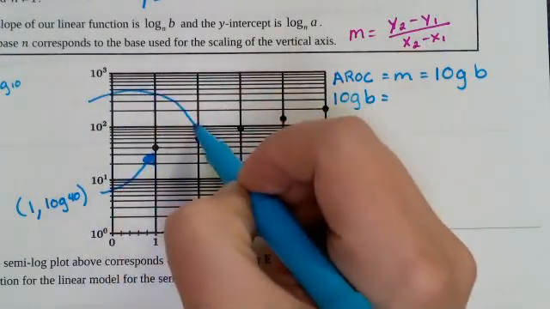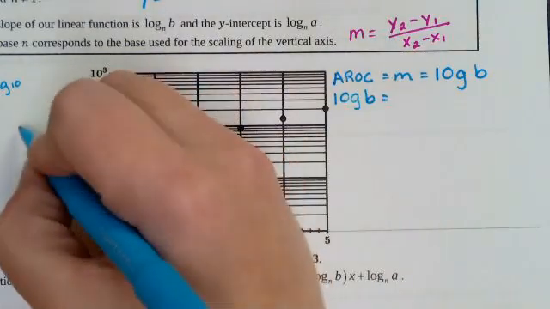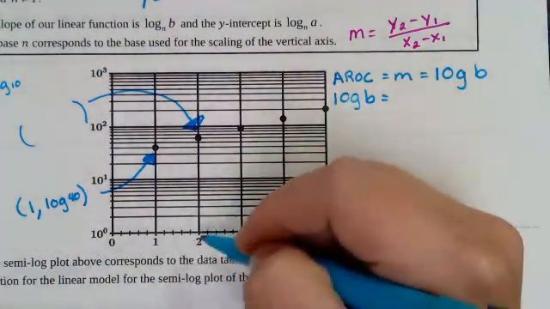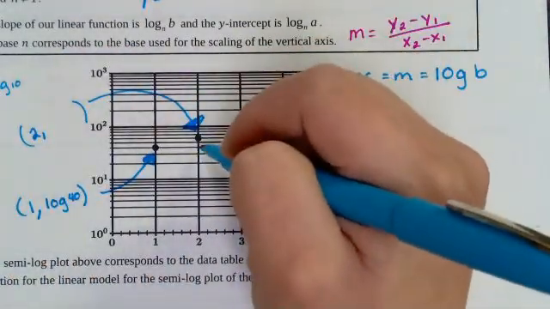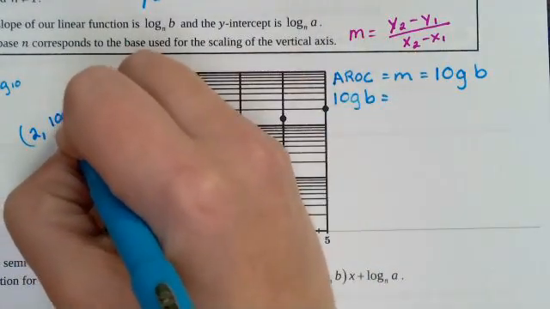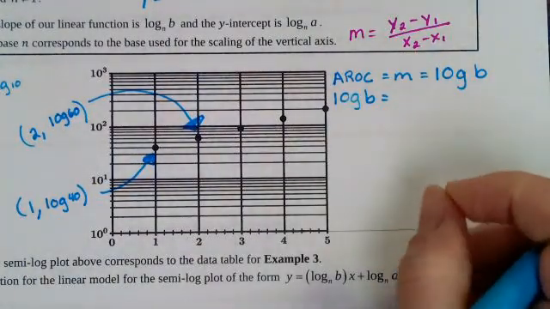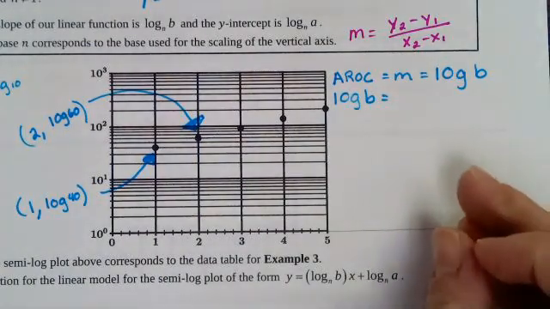I want us to look over here at this other data point, same type of thing. I want us to get an x and a y value. So this x value is 2. And for the y value, we're thinking 40, 50, 60. But instead of just saying 60, I'm going to say log of 60, because this has been logarithmically scaled on that y-axis, okay?